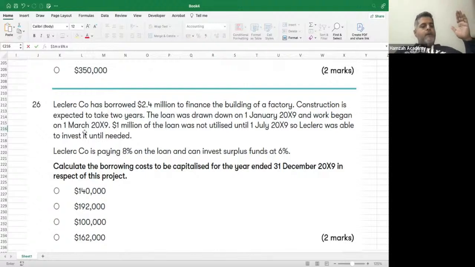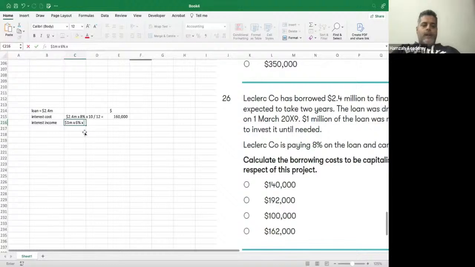So from 1st March to 30th June, the amount was invested. So we'll have this relevant interest: March, April, May, June, 4 months, so 4 by 12.